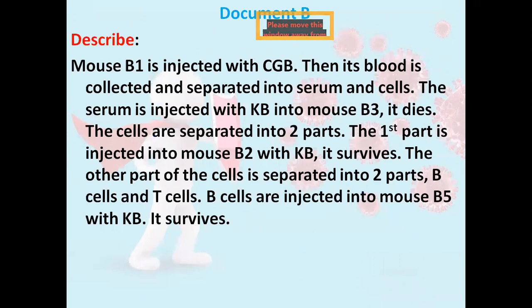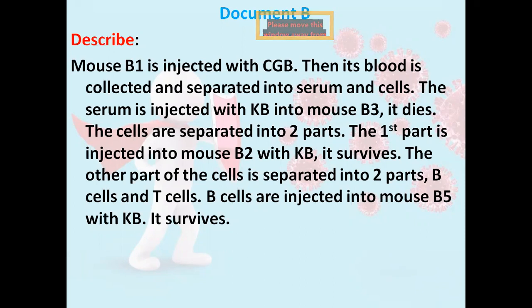However, in document B, mouse B1 is injected with the CGB, and the CGB is a harmless bacterium but has the same epitope as KB, the Koch bacillus, which is harmful and causes tuberculosis or death. Then the blood is separated into serum and cells. The serum is injected with KB into mouse B3, it dies. The cells are separated into two parts. The first part we injected into mouse B2 with KB, it survived. The other part is divided into two parts, B cells and T cells.